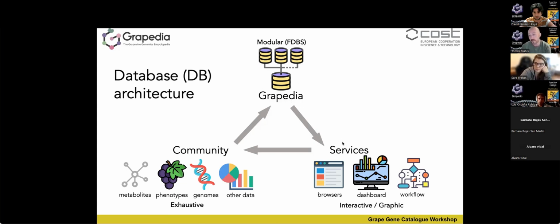And then the third important pillar is what we will offer through the database, right? We will offer different services, most of them open access and free to use, that consist basically of browsers, dashboards, and workflows. For instance, we will have a particular function of the gene catalog, called the gene cards, which I will explain later on, as part of a dashboard.